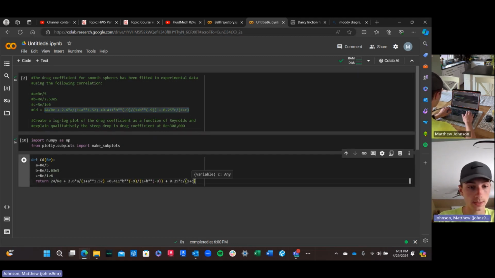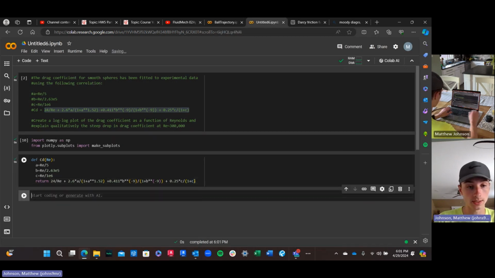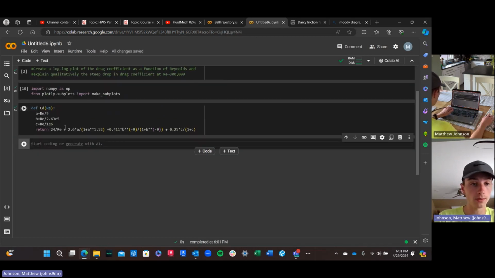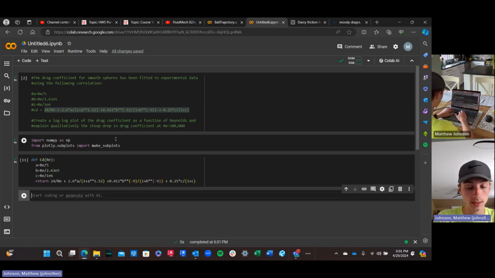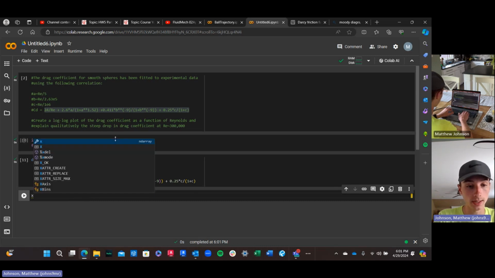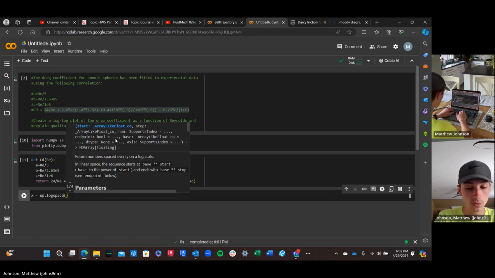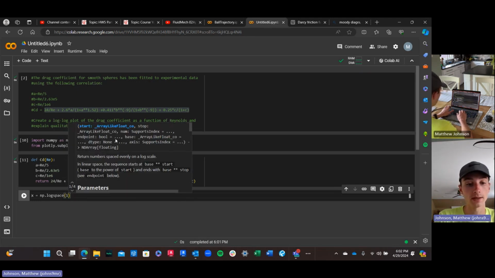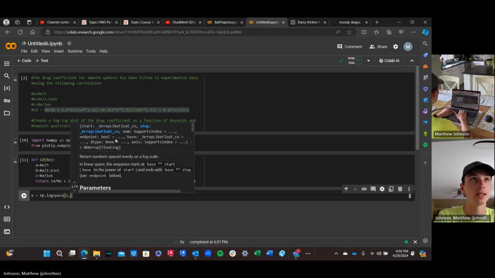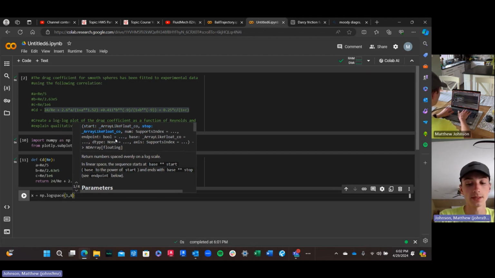Okay, that's pretty simple. Okay, so what Reynolds numbers do we want to try? Well, let's go ahead and do quite a few of them. So I'm just going to say we're going to create a log space for these. Yeah, we'll say from, I don't know, 10 all the way up to this, like 7 zeros is 10 million or something like that.